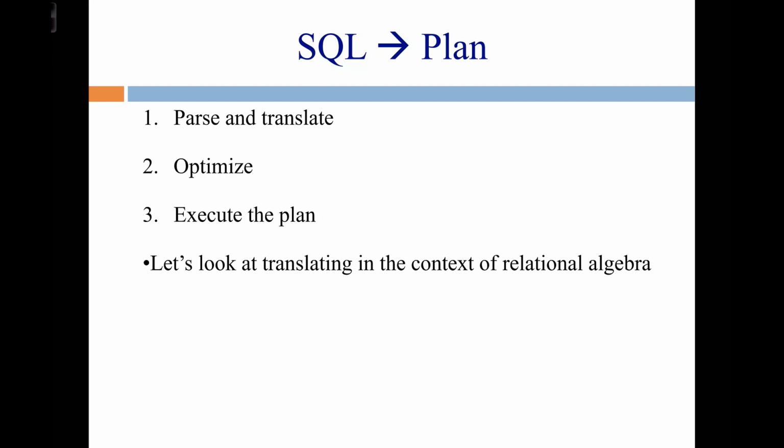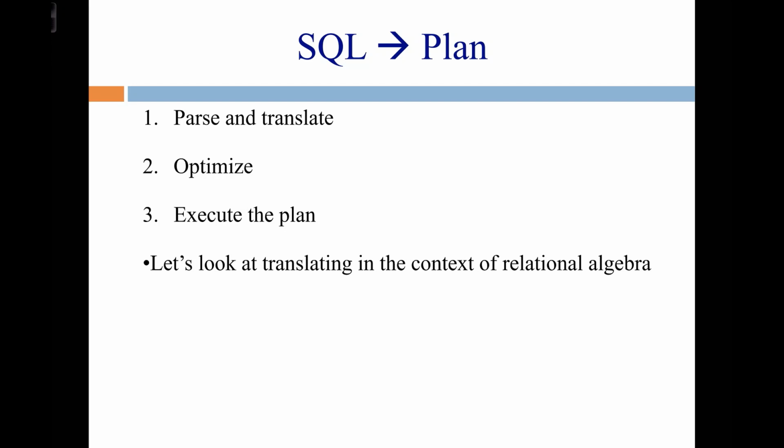The process of translating an SQL query into a plan is: first we parse and translate it, figuring out the keywords, join, where, and so on, and which tables and columns are involved. Then there's an optimization process to figure out how to execute your query efficiently, and then it executes it. So let's look at translating SQL commands into a plan in the context of relational algebra.